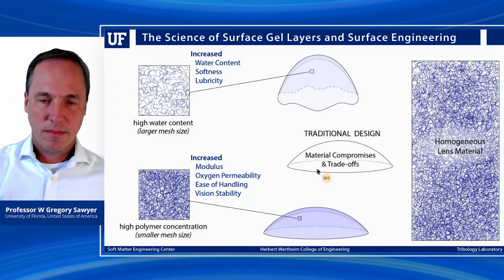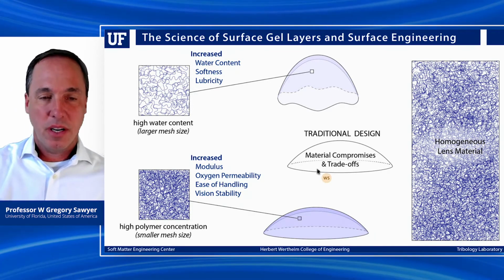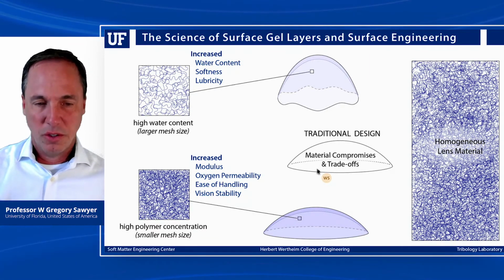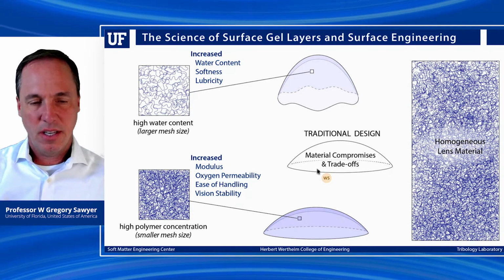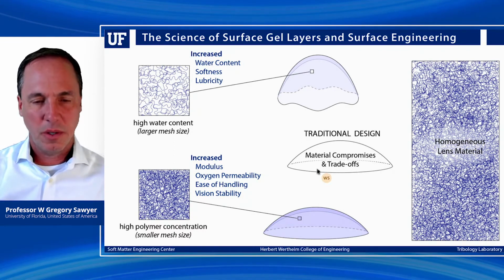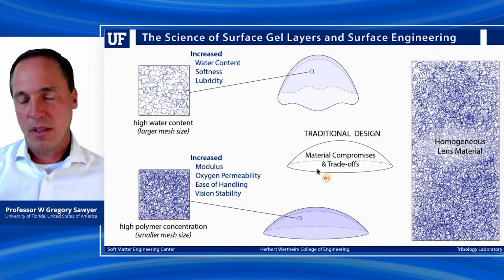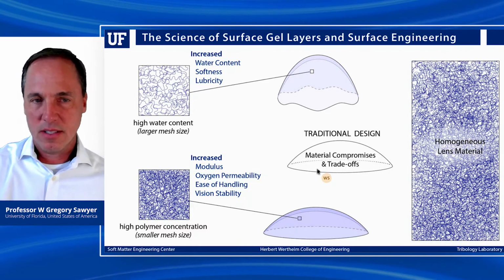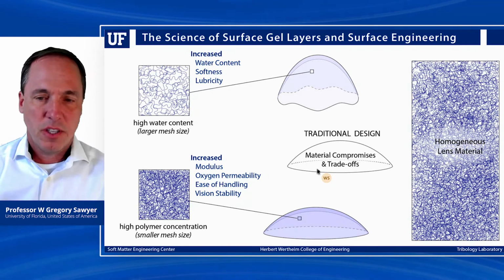We also know from polymer science that if we increase the polymer concentration, which decreases the water content and reduces the mesh size, that increases the stiffness, the modulus of the lens. That increases the oxygen permeability because we have control of those polymer constituents. That eases handling, and that assists in vision stability. So in this trade-off, we have to trade these two things, the things that we want for lubricity with the things that we want for the control of the lens.